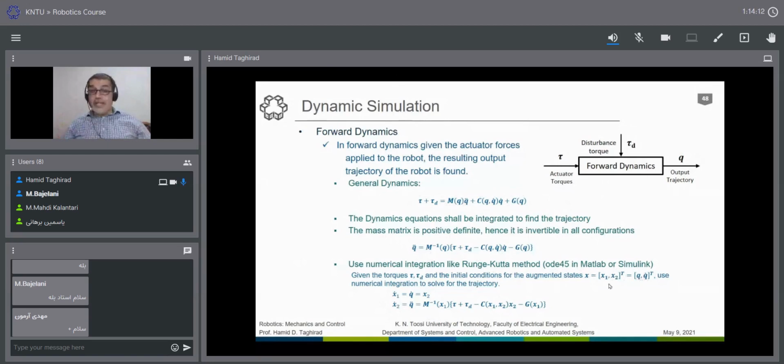So this will be doubled. We have a 2n by 1 vector here. The first one, x dot 1, is equal to x2, which is q dot, and x dot 2, which is q double dot, is equal to our dynamic formulation. Then we can give it to MATLAB.